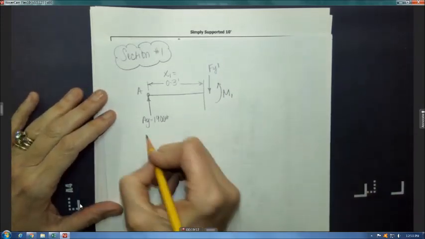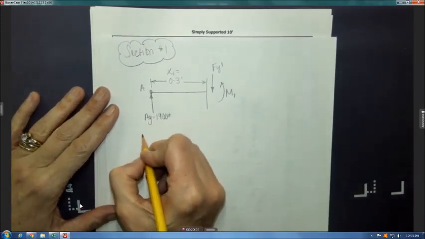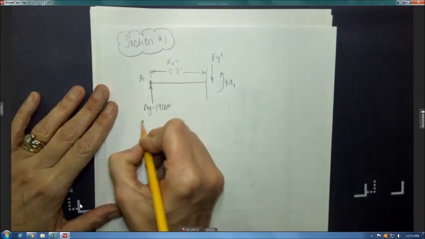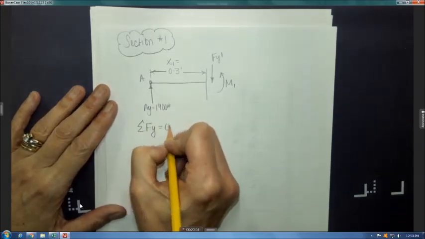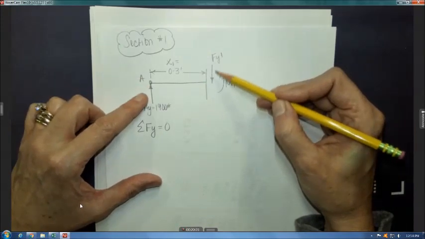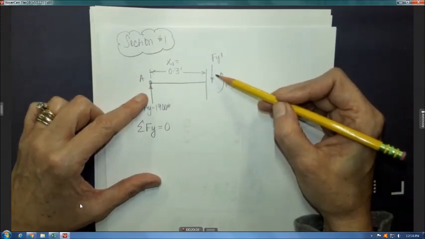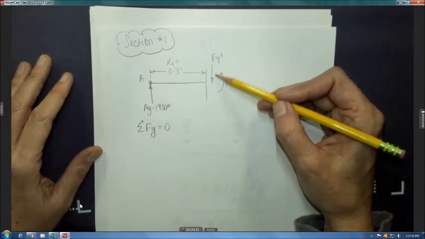Now, I'm going to solve this as if we were at 3 feet because that's kind of our extreme, if you would, for the shear force and the moment. So as I look here, I'm going to sum my forces in the y equal to 0. There are only these two forces on my diagram here, so I don't have to do a moment to solve for one of these forces.